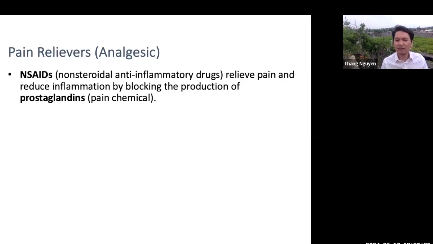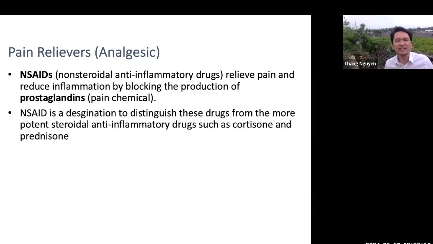And they're anti-inflammatory, so they fight inflammation, right? Their job is primarily to relieve pain and reduce inflammation. And it does this by blocking the production of a compound known as prostaglandins. You can think of them as pain chemicals. They are the ones that send the signal to your brain, signaling you have pain somewhere in your body.